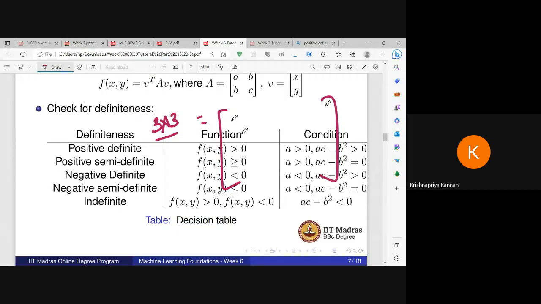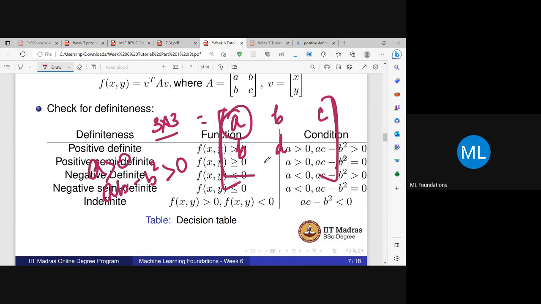Is that correct, sir? Yes, correct. First A should be positive, and then AD minus B square should be positive. Then you need to check the determinant of the whole 3 cross 3. If all three are positive, then you can say it is positive definite.